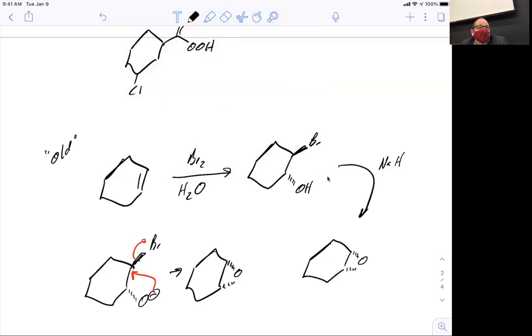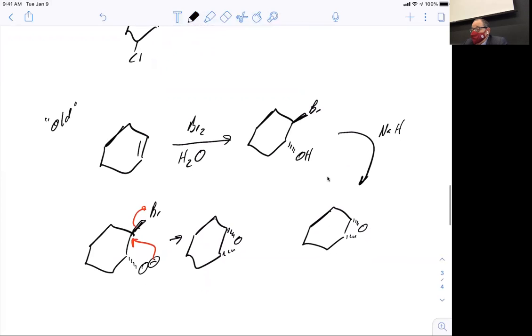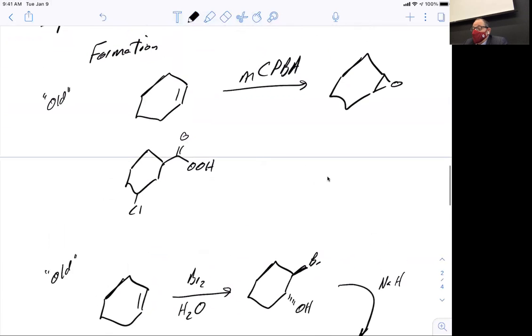Both of those are previous reactions. So halohydrin, right? We can do a halohydrin to stop there, but we can also take that halohydrin and follow it by a base reaction to form an epoxide. And of course, the peroxy acids, so MCPBA, the methyl version, any of the peroxy acids would do the epoxidation.